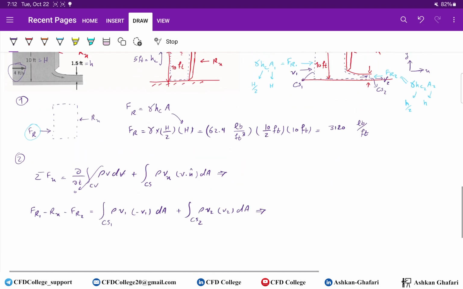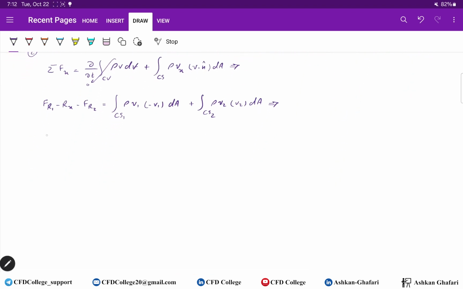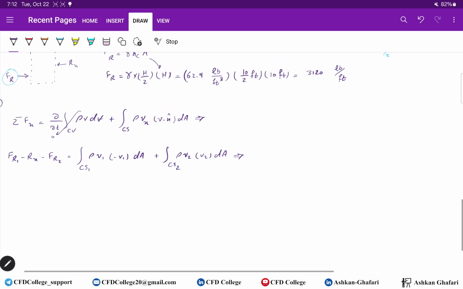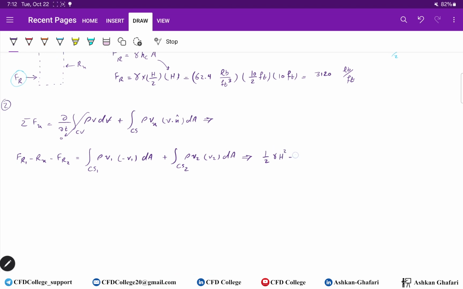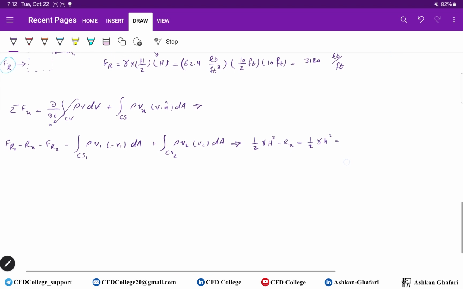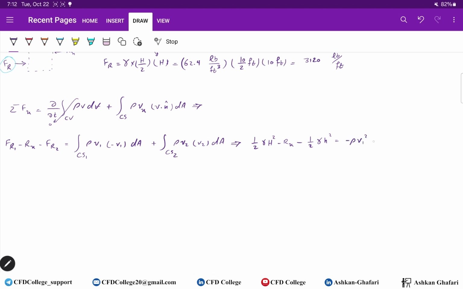Let's solve it. FR1 equals 1 over 2 gamma H square, minus Rx, we want to find it, minus 1 over 2 gamma H square. It's equal to minus rho V1 square A1 plus rho V2 square A2.